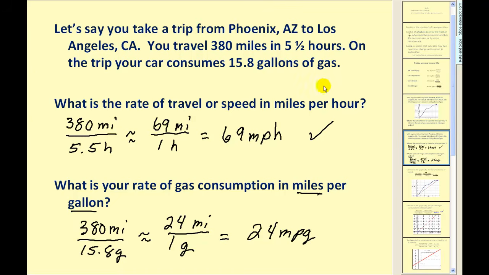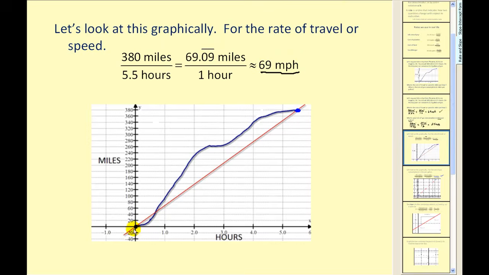Now I'd like to take a look at this graphically. In blue we have the graph of our trip comparing miles to time in hours. What I'd like to do is take a look at the starting rate, and if I start down here at the origin or the start of our trip, if I go up to 380 miles and over 5.5 hours, of course, I end up here at the end of our trip.